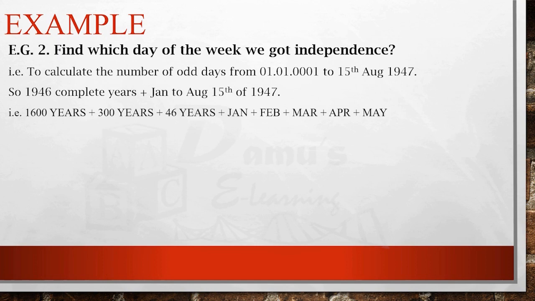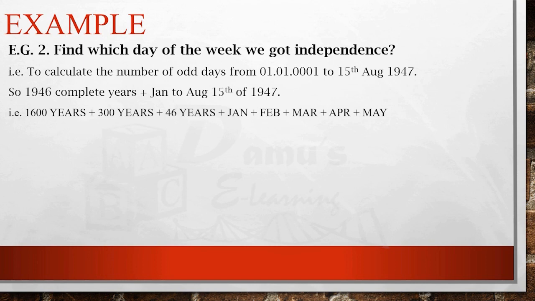Remaining 346 years, right? We know how to calculate the number of odd days for centuries. So we'll split 346 as 300 plus 46. So the entire 1946 years we have split up.